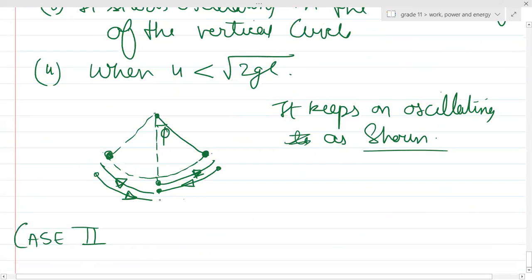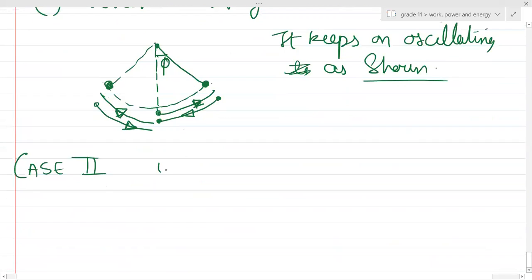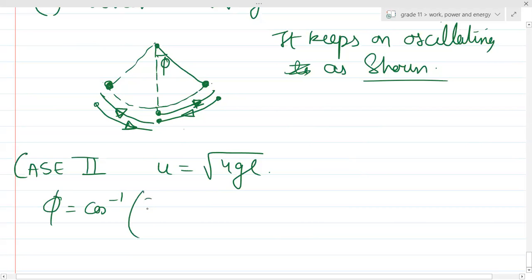Case 2 is when the velocity is under root of 4gl. So what is so important about 4gl? Can you see over here, in this case of 4gl, if I put phi as cos inverse of (2gl minus u square) by 2gl, was this the formula?